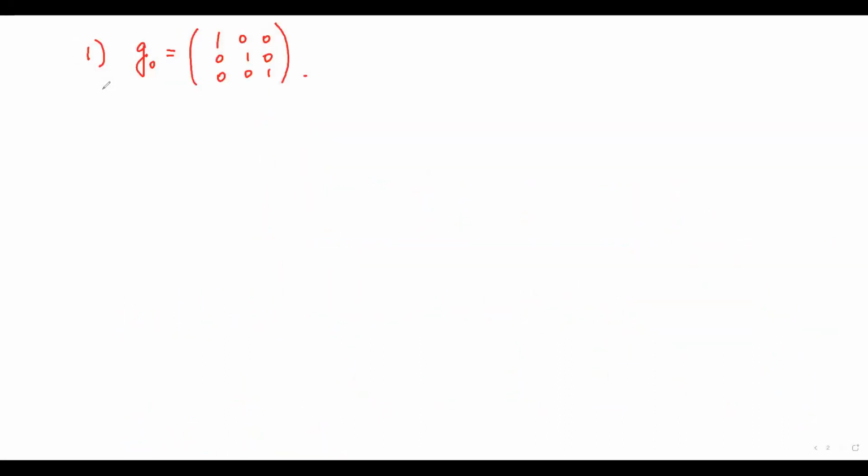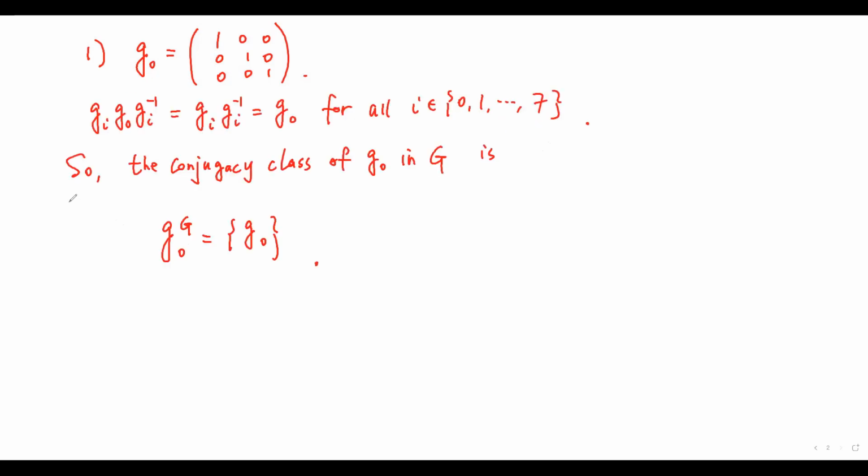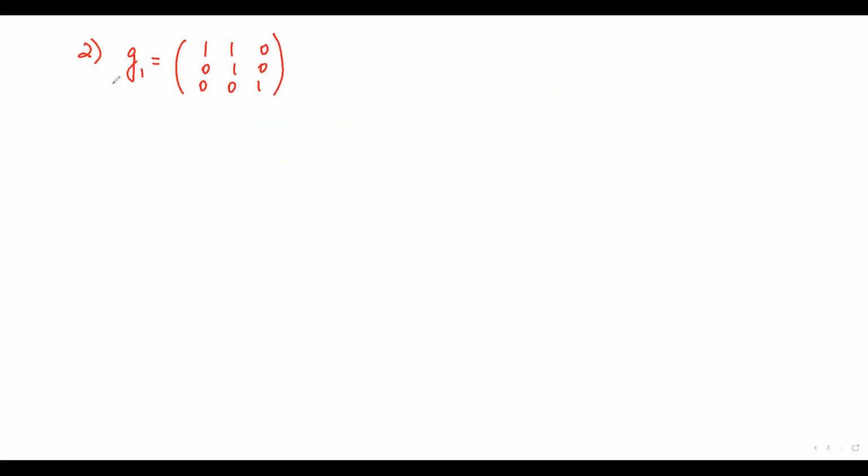Now we want to find the conjugacy classes of the group G. First of all, consider g0. We see we have this one. This implies the conjugacy class of g0 is just g0. Then we consider g1.